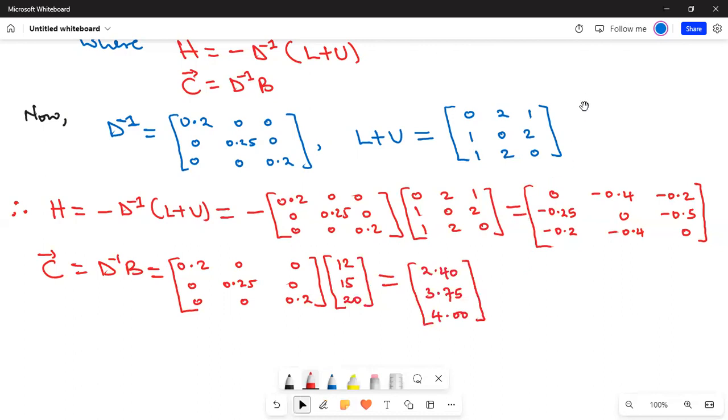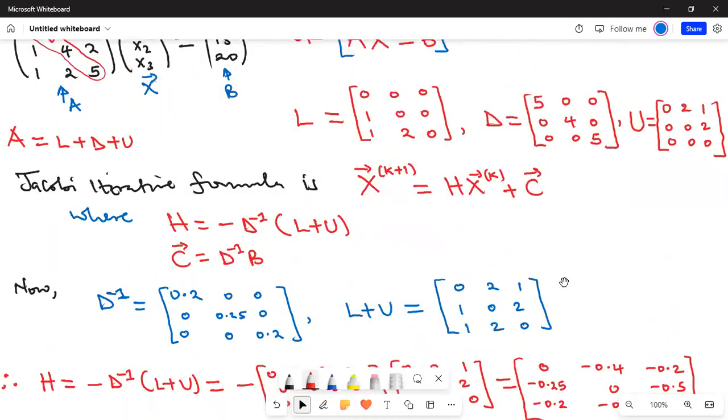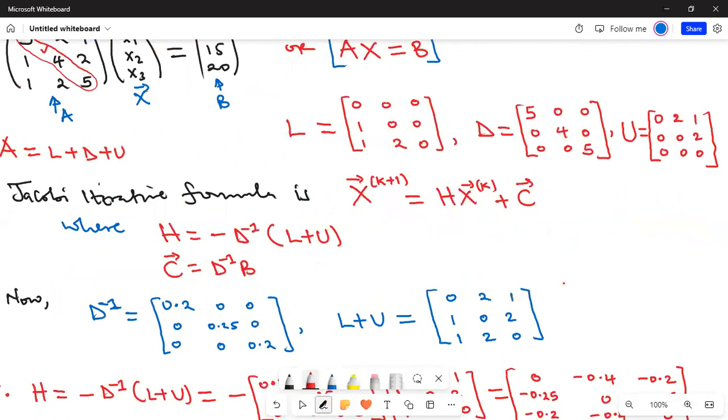So now we go back to the iterative formula and replace H and C. Remember here, K ranges from 0. You can write for K equals 0, 1, 2, 3, etc. So this is the iterative formula.